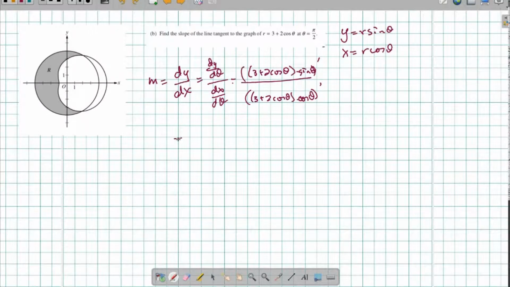For the product rule, I'm going to have my first expression times the derivative of the second plus my second times the derivative of the first. The derivative of r is going to be negative 2 sine theta.